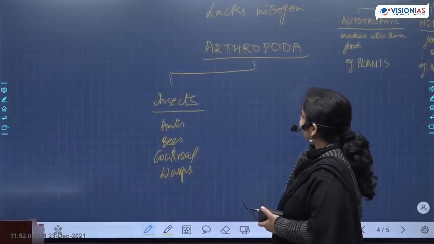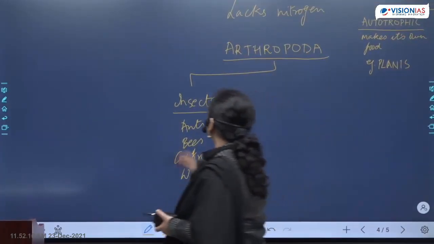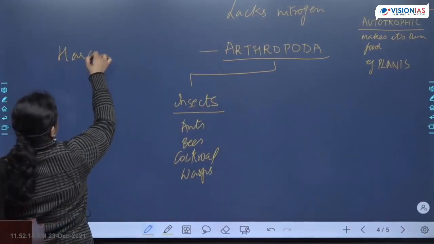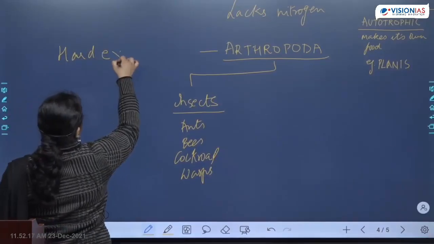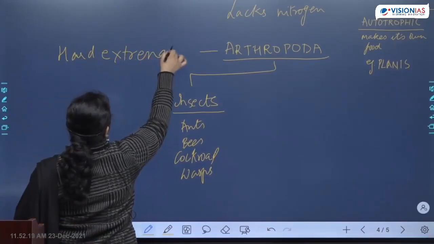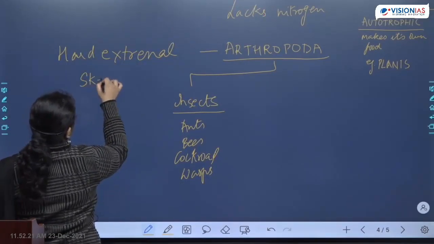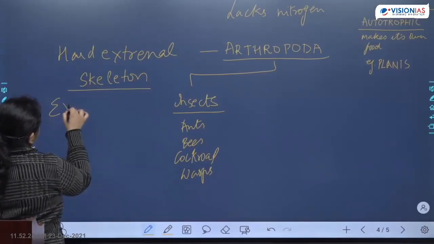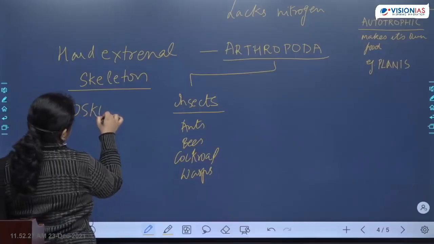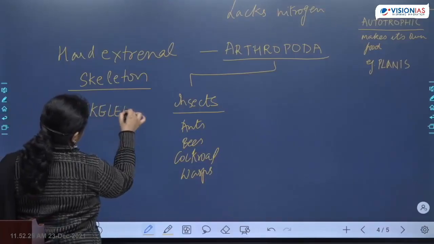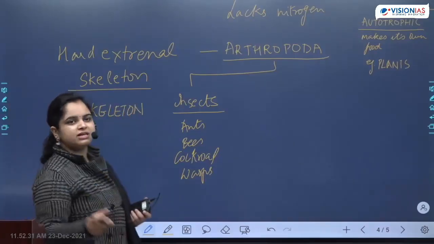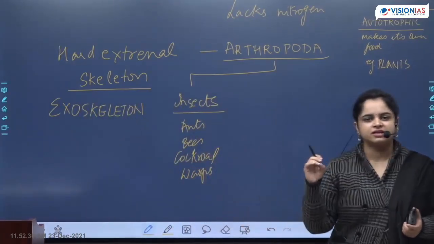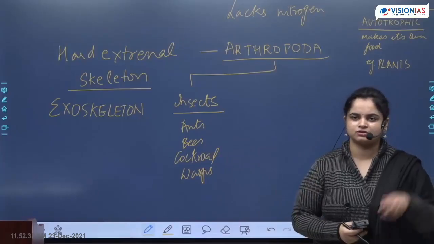The common characteristic of arthropod group is that it has a hard external skeleton, or we use the word exoskeleton. So their outer body is very hard, and if you can think of these things, the ants, the cockroaches, they have a very hard material outside.